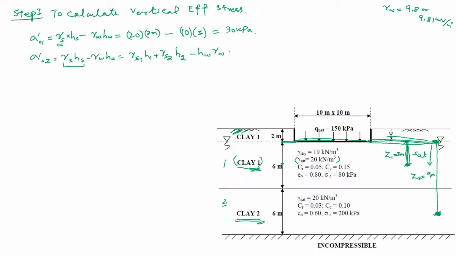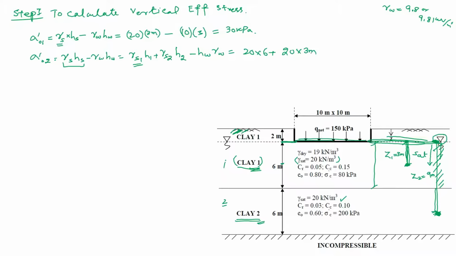What is gamma S1? What is the unit weight of this soil layer? The unit weight of this soil layer is saturated because this soil is below the groundwater table. It will be 20 times, what is H1? 6, because the whole soil layer is included in this length, you can see here. Plus what is the unit weight of the second layer? This is 20, times 3 meter, because we have total 9 meters and we have counted this 6 meter already, and now we have remaining 3 meters here.